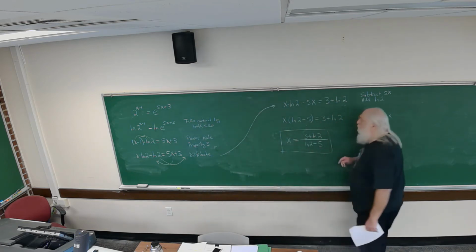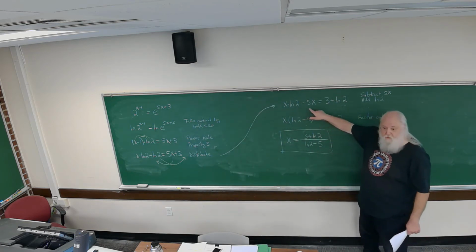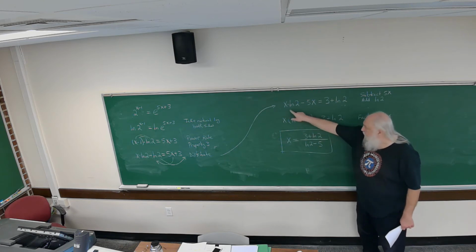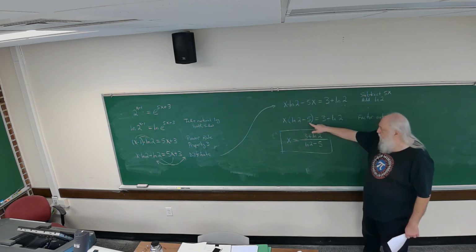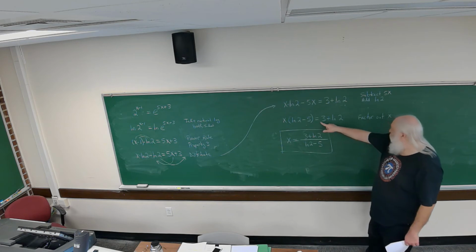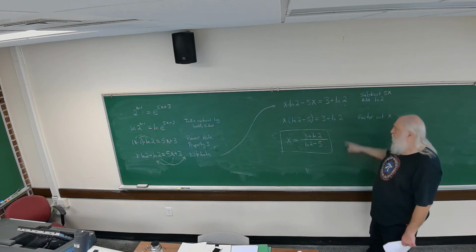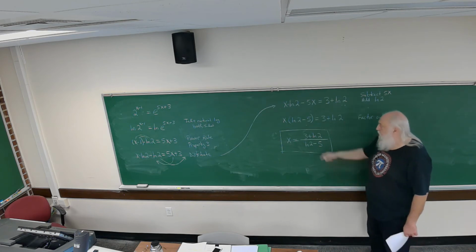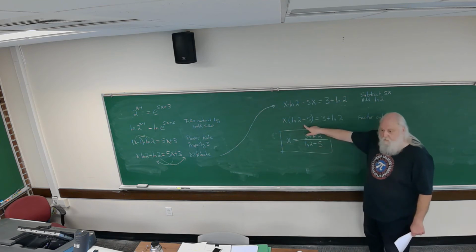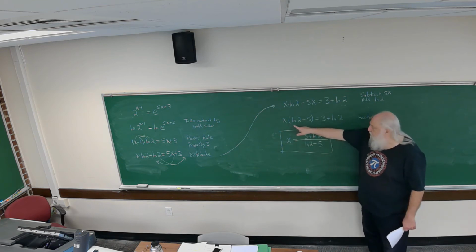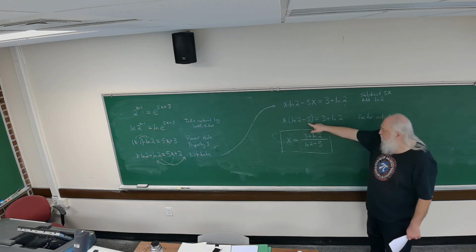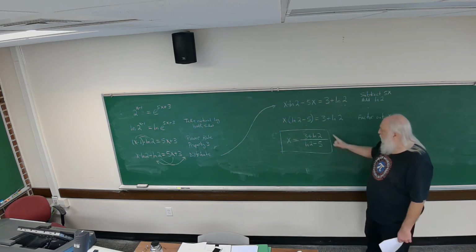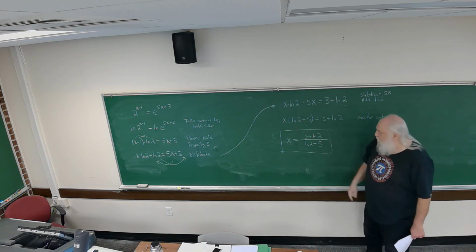Now on the left-hand side, I've got two terms, and each term has a variable x in it, so I can factor out an x. x times the quantity natural log of 2 minus 5 is equal to 3 plus the natural log of 2. Since this is a product, to isolate x on the left-hand side, I divide both sides by what's in parentheses here, natural log of 2 minus 5, and I get my solution to the original problem.